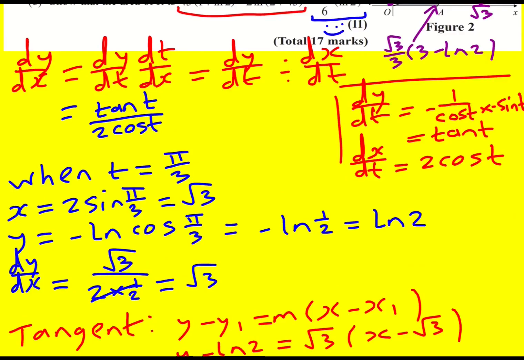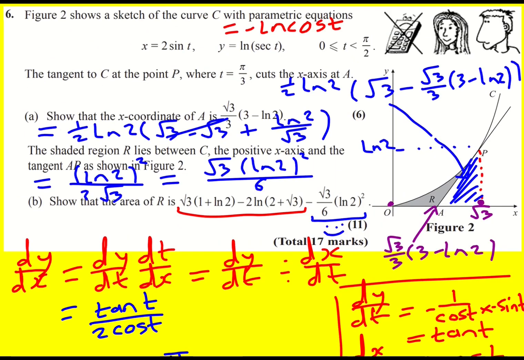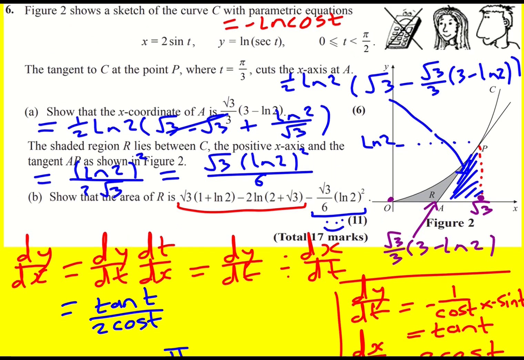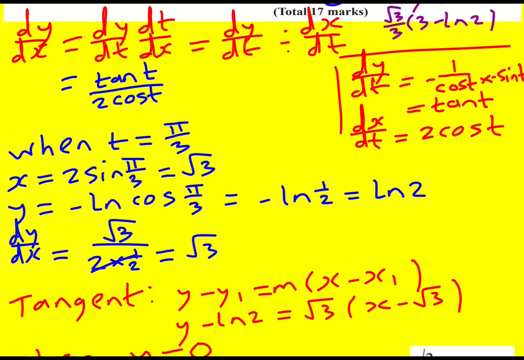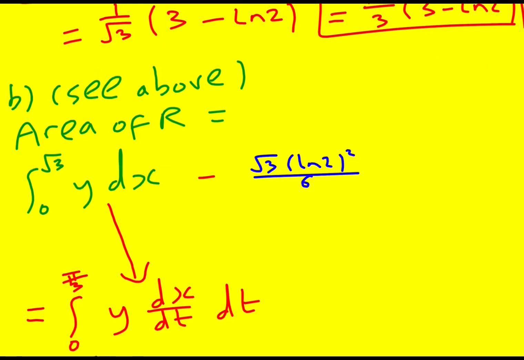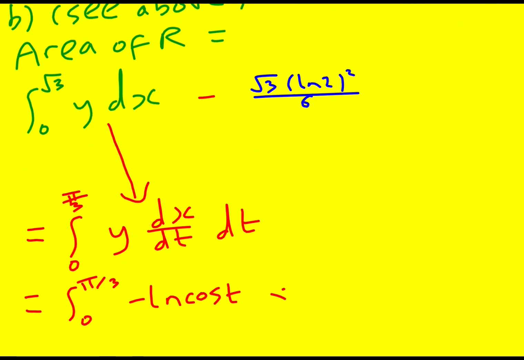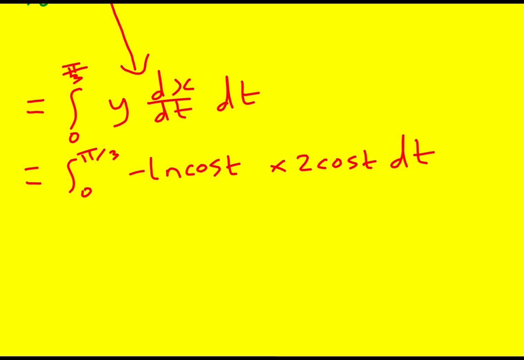Now, remember that y was equal to ln sec t, or minus ln cos t. I'm going to stick with that. And then I'm timesing by dx by dt, which we calculated as 2 cos t. The thing that jumps out at me here is that we have a product of functions.